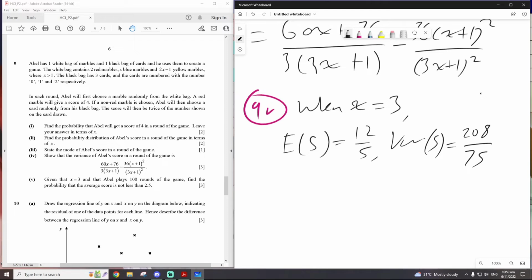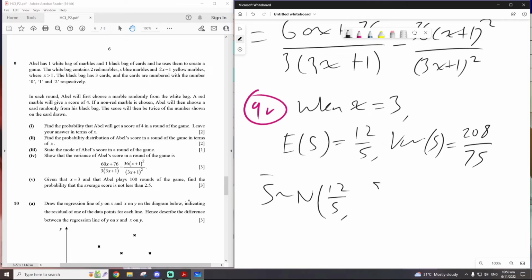Okay. Now I have 100 rounds of the game, so average score is not less than 2.5. Obviously, it'll be very difficult if I have to count each individual one. Luckily, 100 is a large sample, right? So I can use central limit theorem. So S bar is normal, mean 12 over 5, and then you take 208 over 75 divided by the sample size of 100.